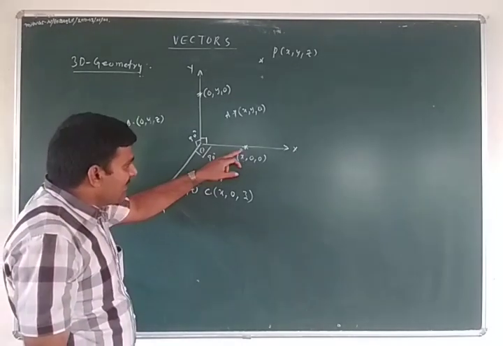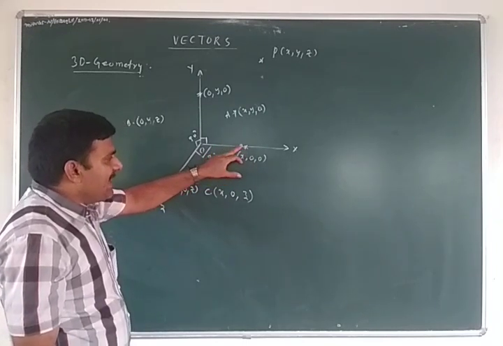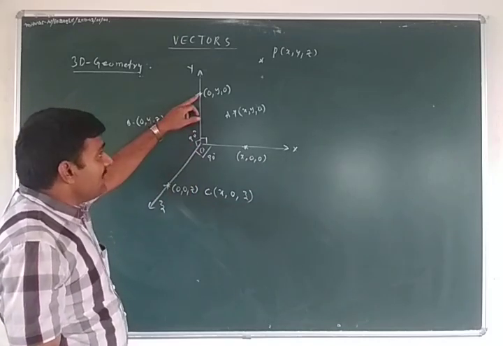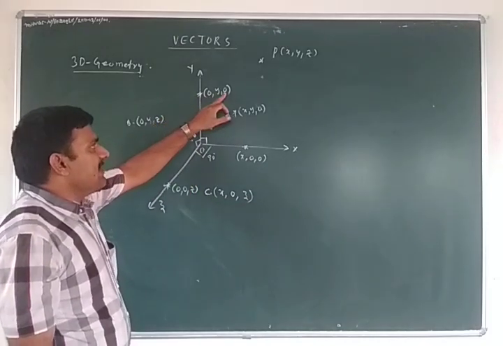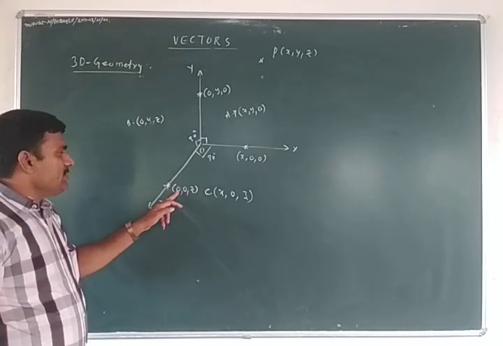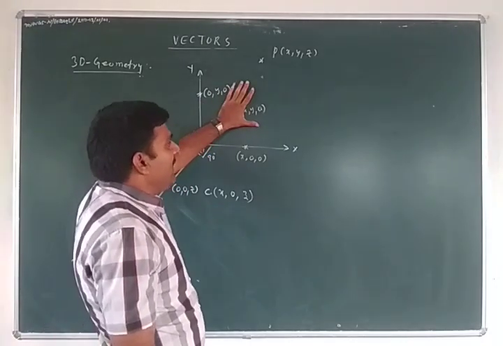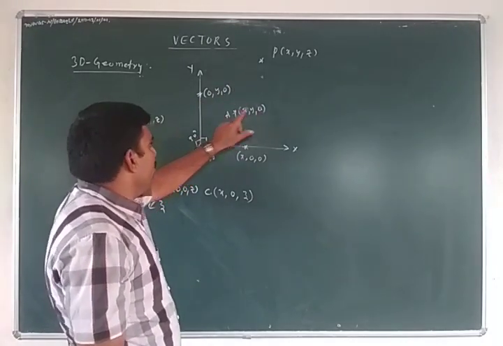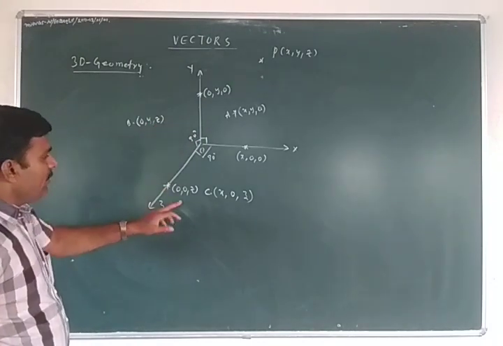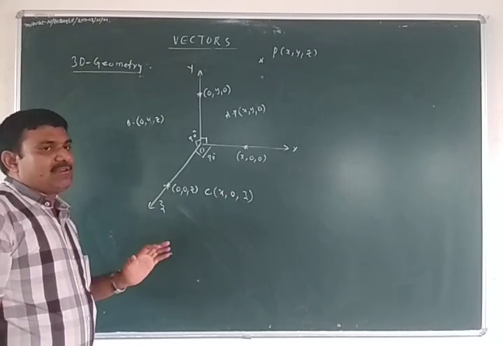A point lies on the x axis, since y and z are zeros. A point lies on the y axis, x and z are zeros. A point lies on the z axis, so x and y are zeros. Similarly, a point lies on the xy plane, then z is 0. On the yz plane, x is 0. On the xz plane, y is 0.